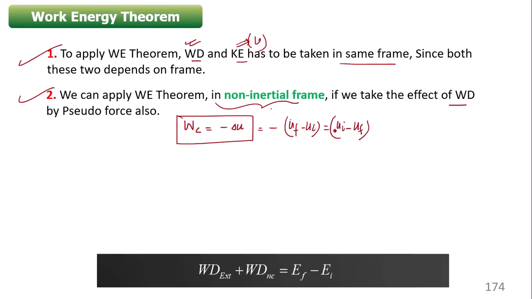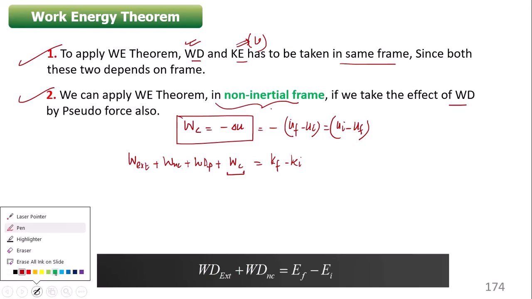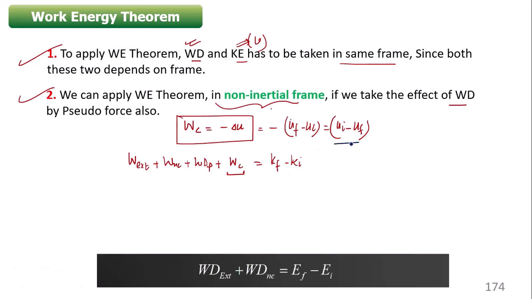If I use this expression in our initial work energy theorem equation, there is the work done by the external force plus work done by the non-conservative force plus work done by the pseudo force plus work done by the conservative force, equal to K final minus K initial. Instead of writing work done by the conservative force, I can write the expression of the potential energy. So W C is nothing but U i minus U f, equal to K final minus K initial.